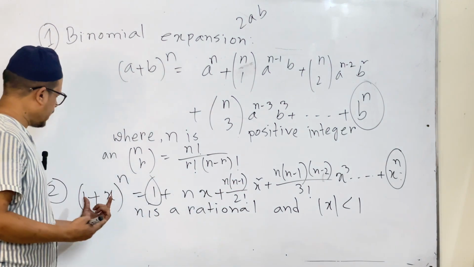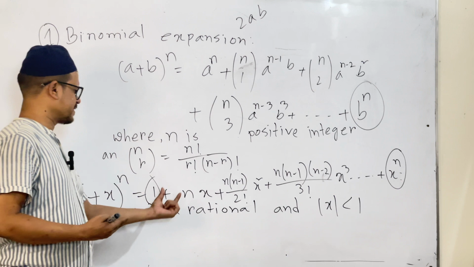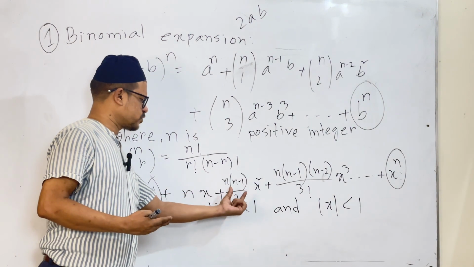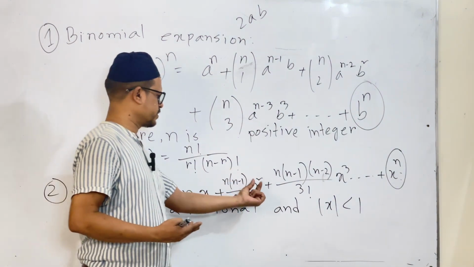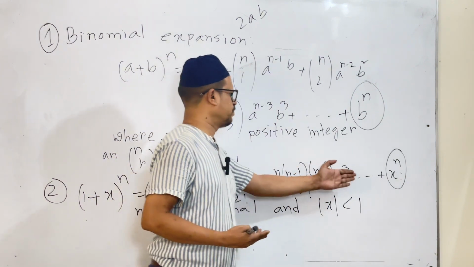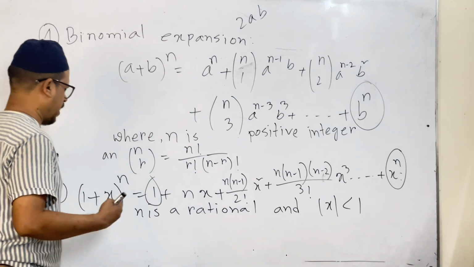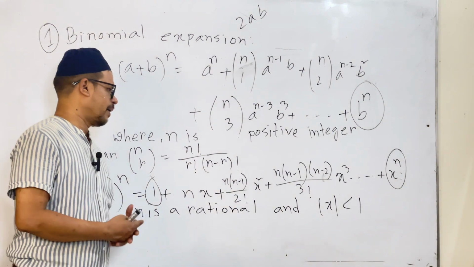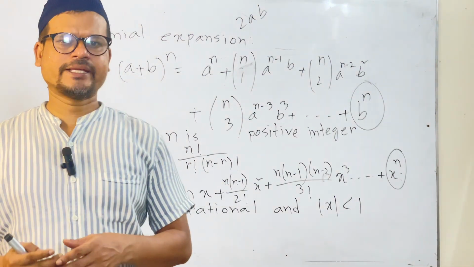And (1 plus x) to the power n equals 1 plus nx plus n(n minus 1)/2 factorial x square plus n(n minus 1)(n minus 2)/3 factorial x cube, up to x to the power n. n is a rational number and the absolute value of x is less than 1.